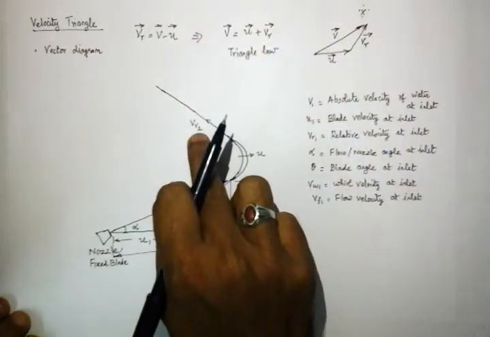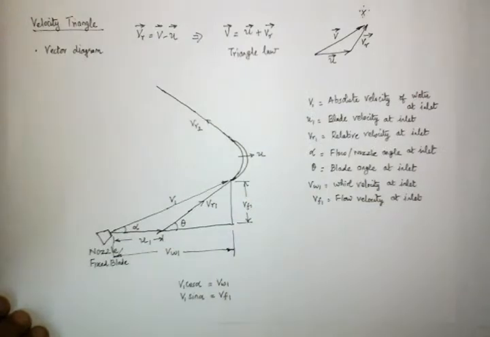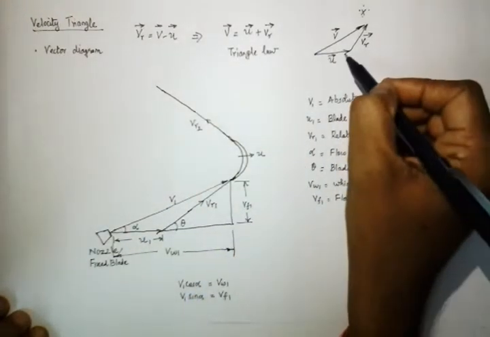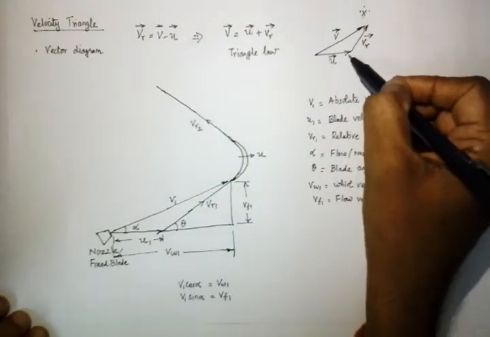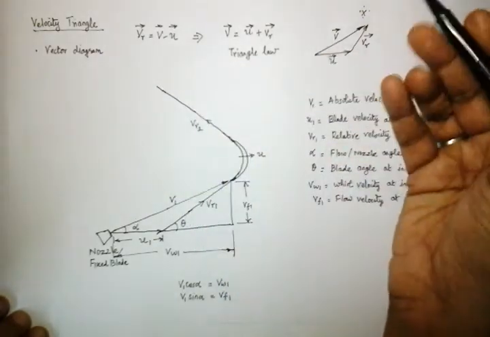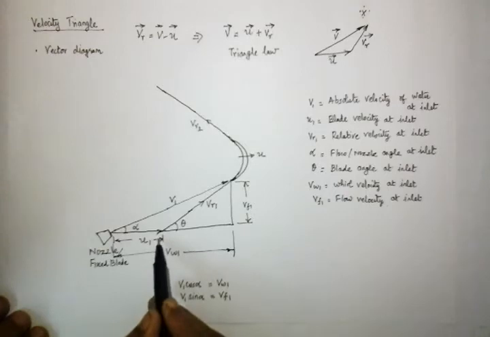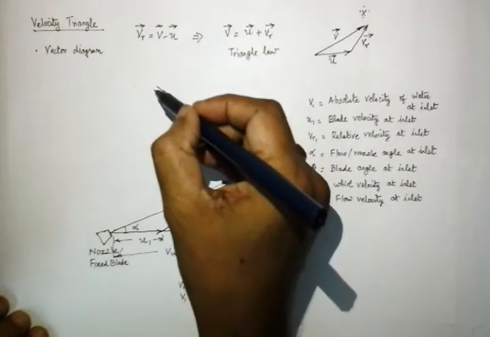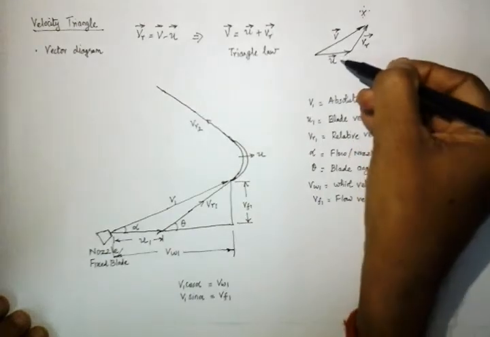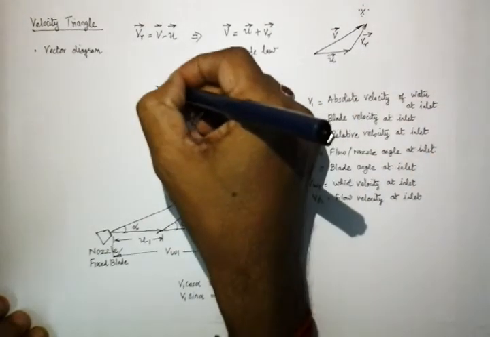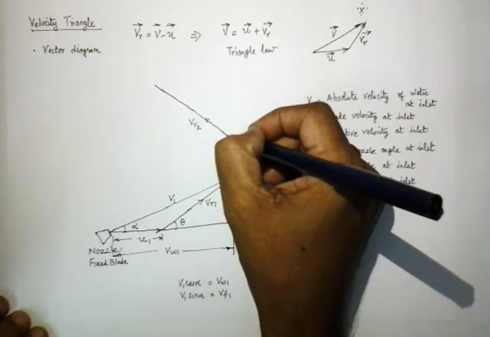Now this relative velocity should be added with the blade velocity as per the triangle law. Which means I have to place the head of this vector on the tail of the next vector. Here the order has been changed. Initially I had blade velocity, then relative velocity. Here I have drawn the relative velocity, then I have to draw the blade velocity.